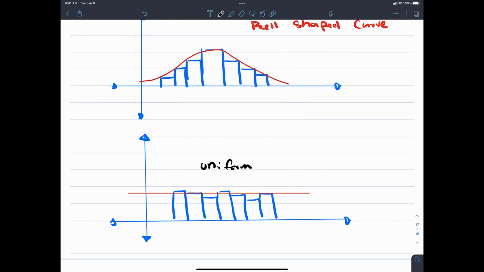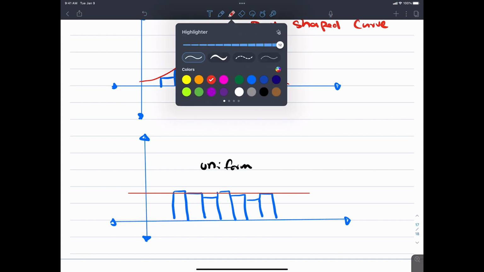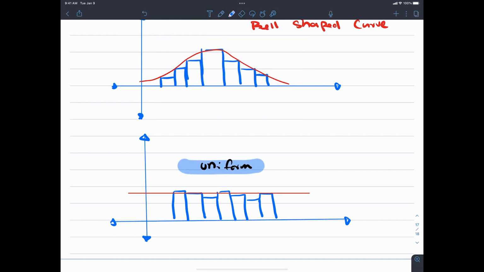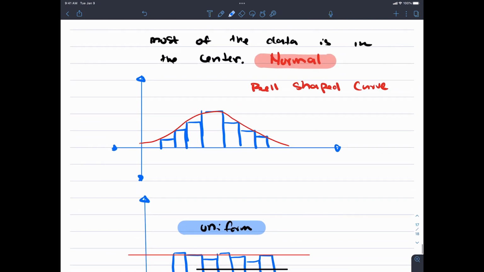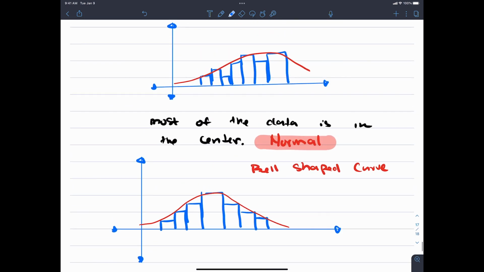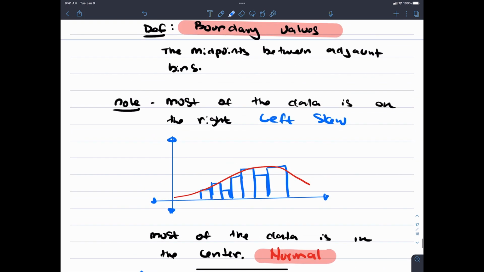A uniform distribution. So what I'm really looking for is actually a phrase, not a sentence. Nobody's looking for a creative kind of story. Oh, most people sleep late at night, blah, blah, blah, type of thing. No. You're looking for a uniform distribution. You're looking for normal distribution. You're looking for left skew.